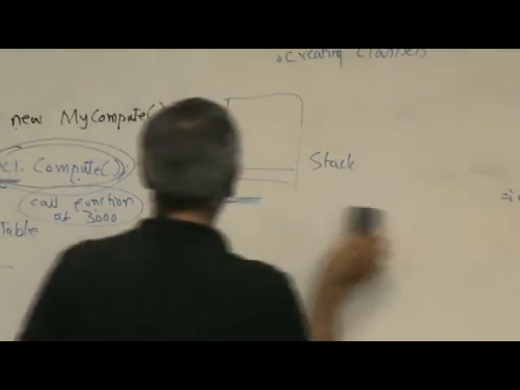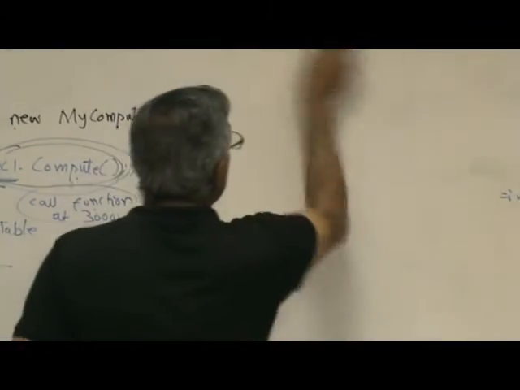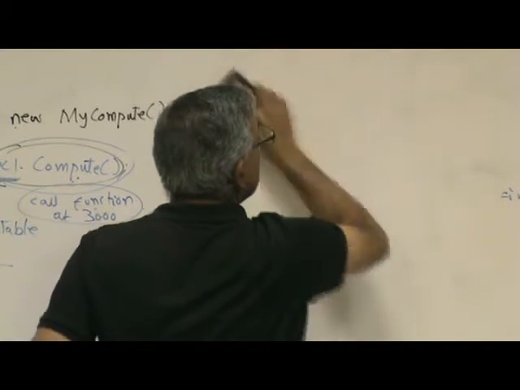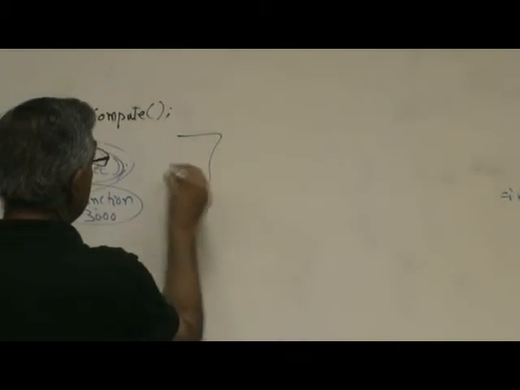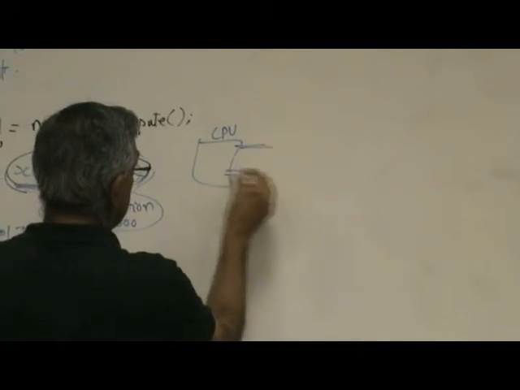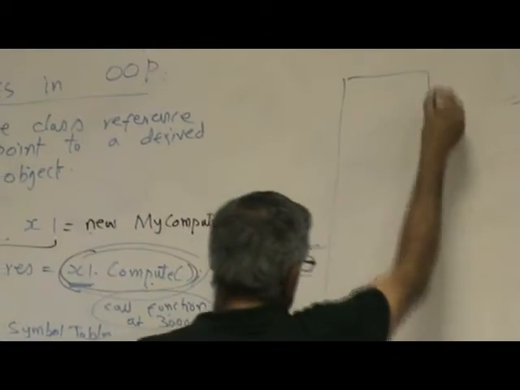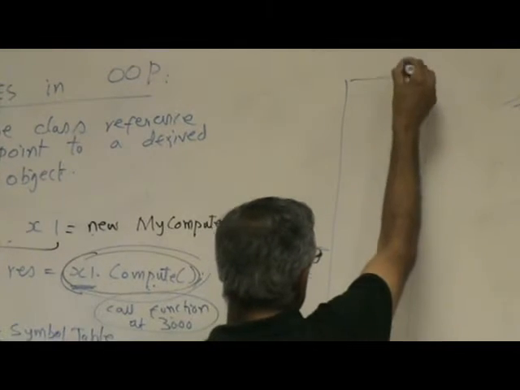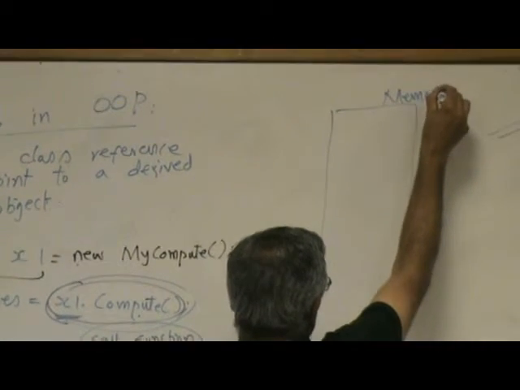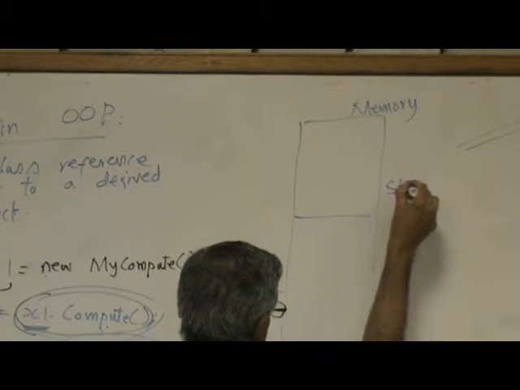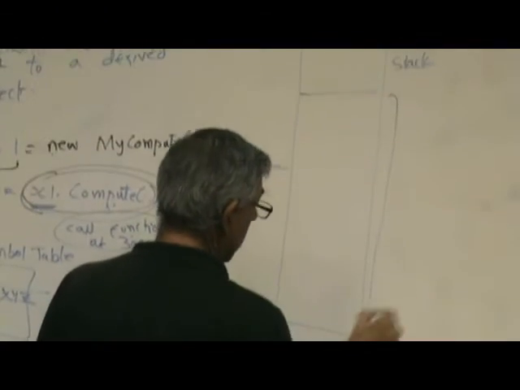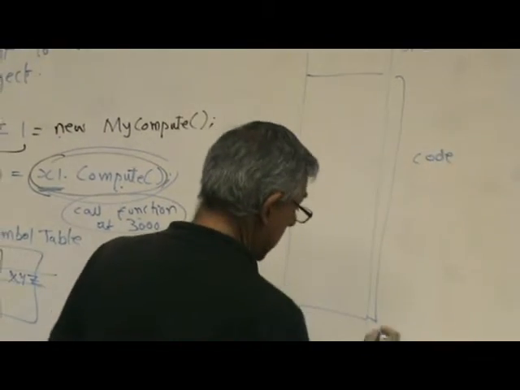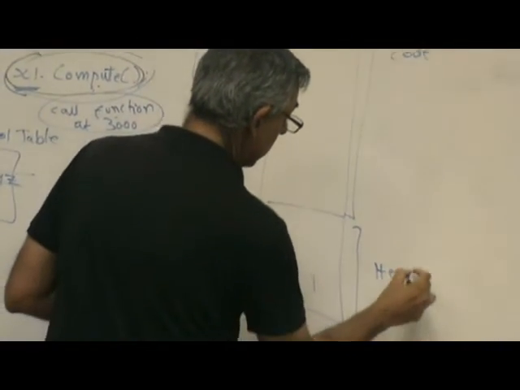So let me clean this up a little bit. Let's make the memory a little bit bigger. Suppose this is the stack area, and suppose this is the code area. From here to here is the code area, and suppose this is the heap area.